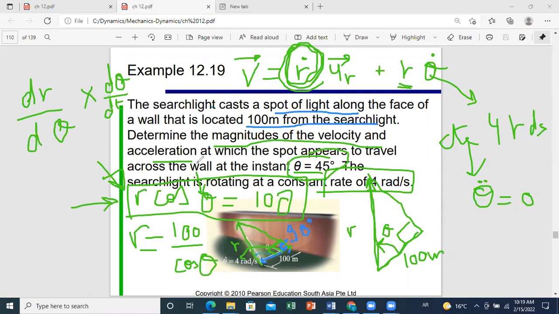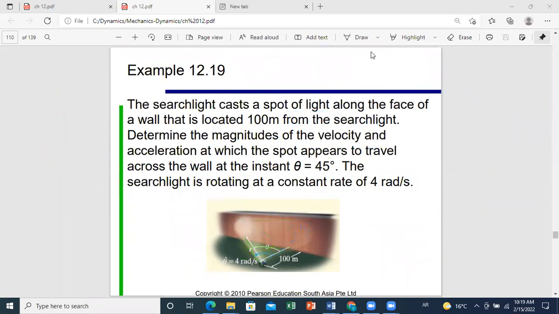Okay, so you can do this method, derive first with respect to theta, then multiply by theta dot. But what I advise you to do is to derive directly with respect to time and the easy relation. The easy form is the following one: r cosine theta equal 100. Let us derive this expression with respect to time.